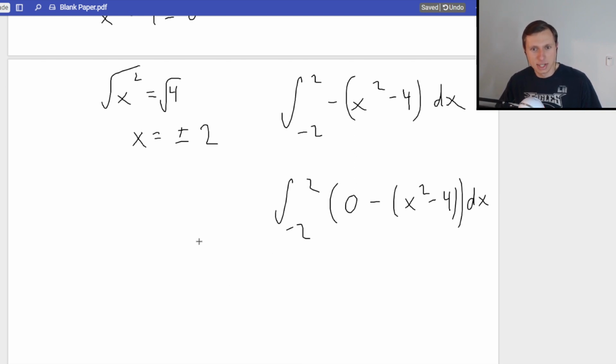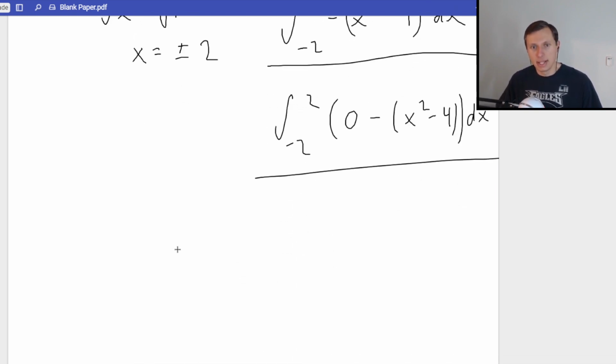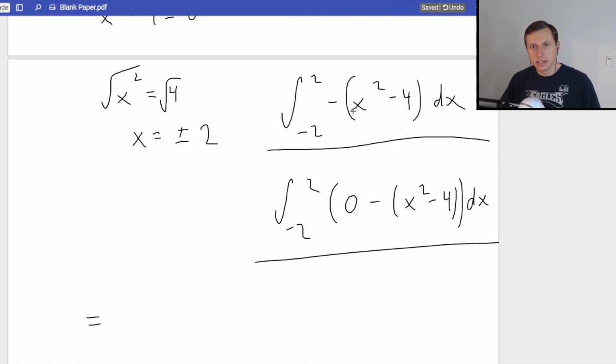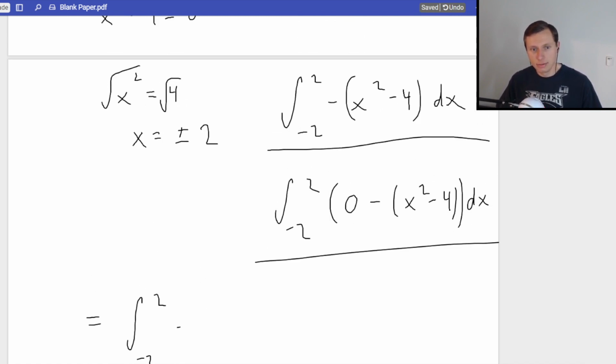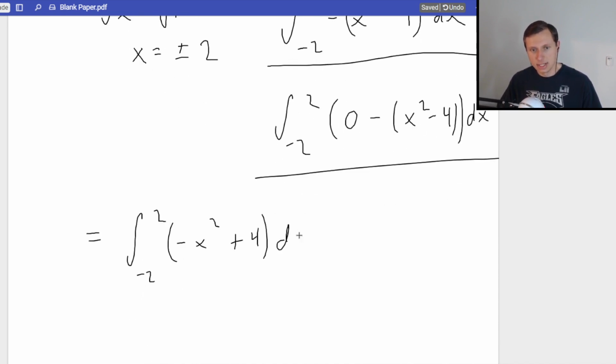Okay. So, where were we? Yes, I need to take this integral. I can either choose the top one here or the bottom one. It doesn't matter. But it's going to be, let's see. First, I can distribute the negative sign to both terms. So this is like the integral from -2 to +2 of -x squared plus 4 dx.